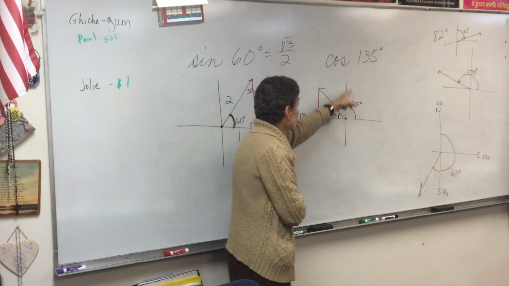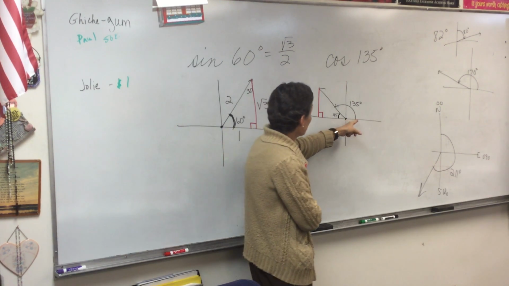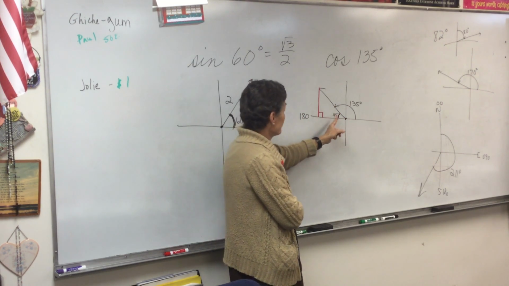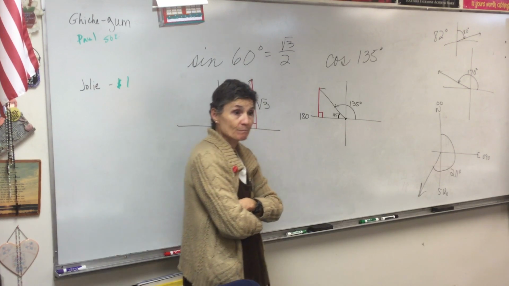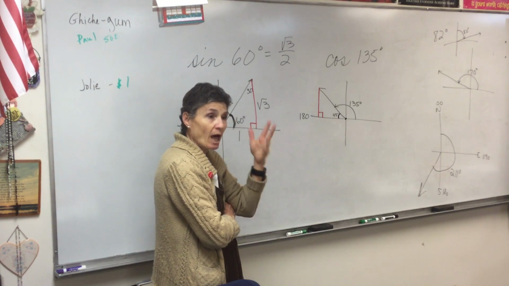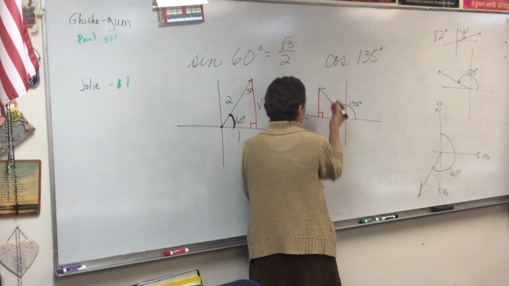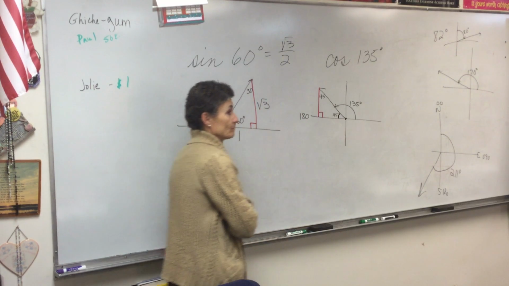So this was 90, this is 180. So if we went 135 of it already, the remaining piece would be 180 minus 135, right? I just use my logic, common sense. Okay, so that's 45, which means this guy up here is also 45.